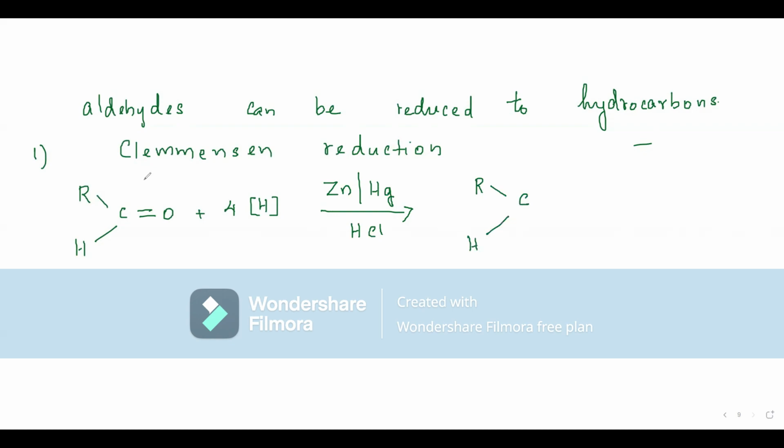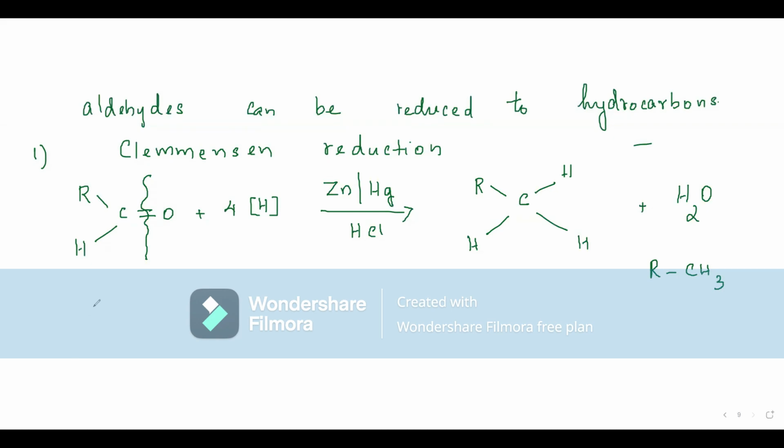The double bond O is broken completely, and out of the 4 hydrogens, 2 of them are used here. The remaining 2 hydrogens move away with oxygen in the form of water. So you are getting RCH3, which is a hydrocarbon. So that is Clemmensen reduction.